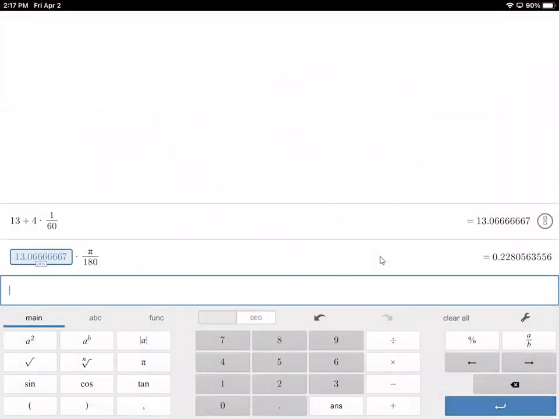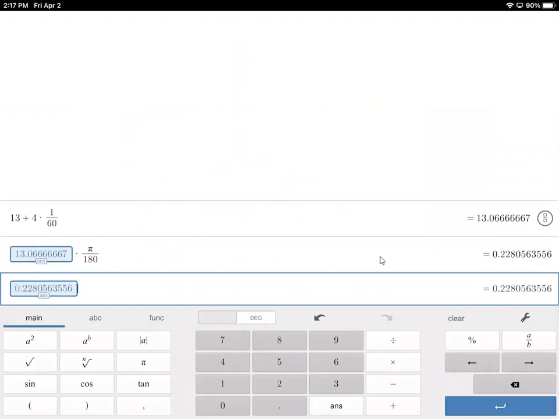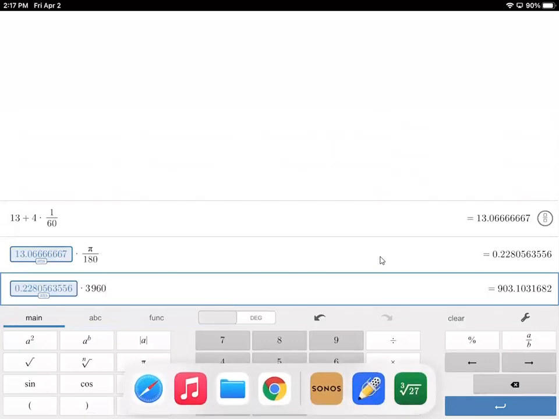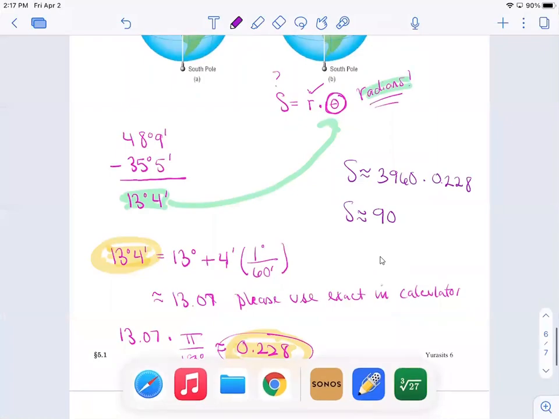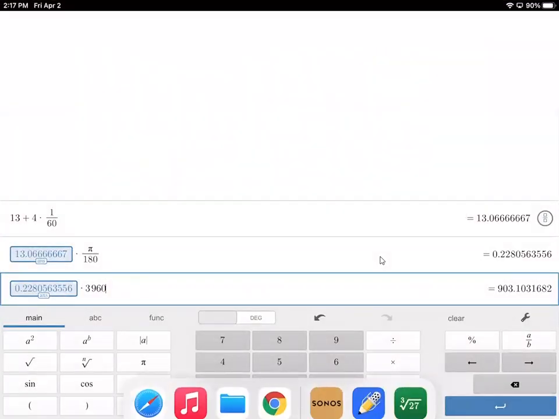So I'm going to enter answer times 3,960. So we get 903.1 miles.